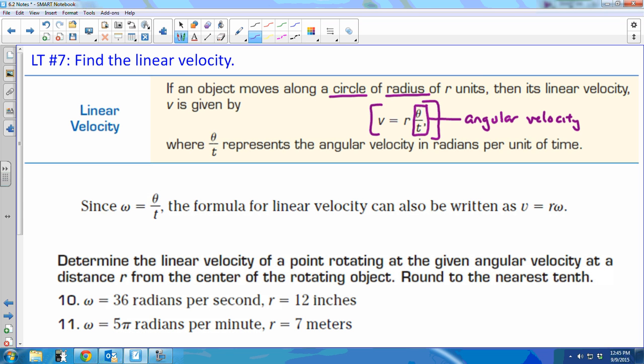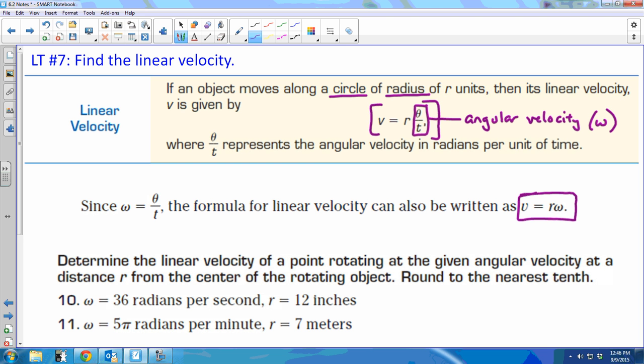Theta is still a radian measure, and t is still time, so the units are radians per amount of time. Because we already know angular velocity is lowercase omega, you could also write that formula this way: v equals r times omega. That's easier. It's the same thing.